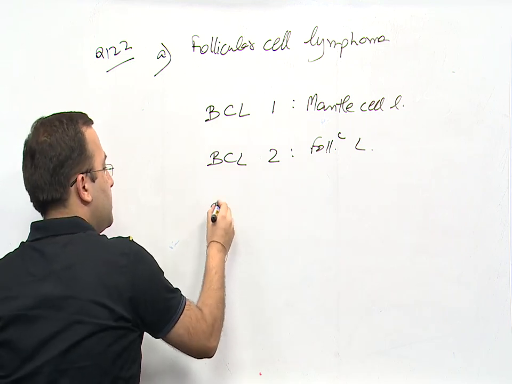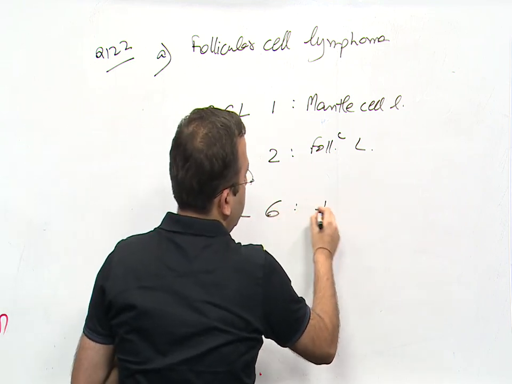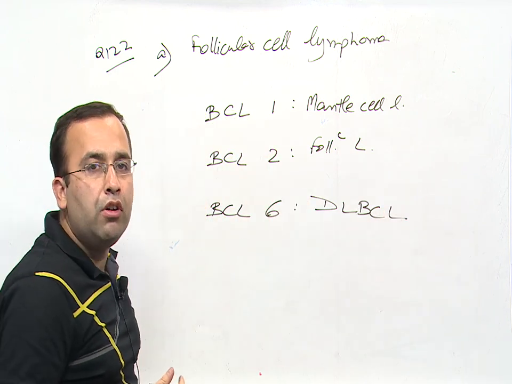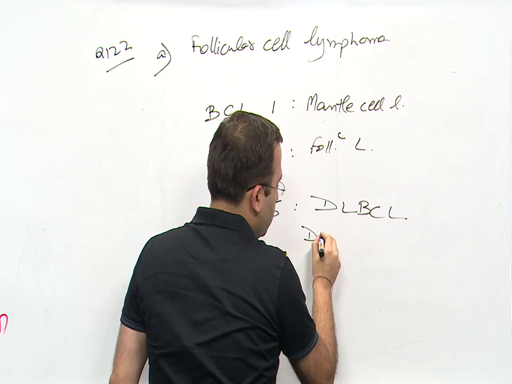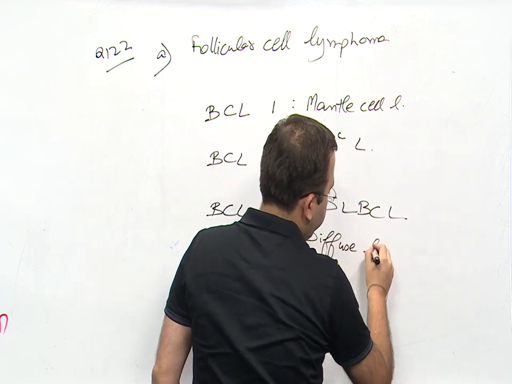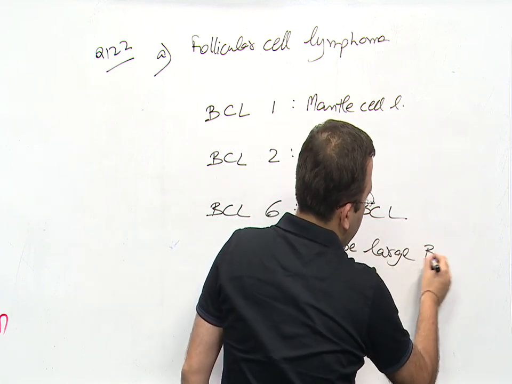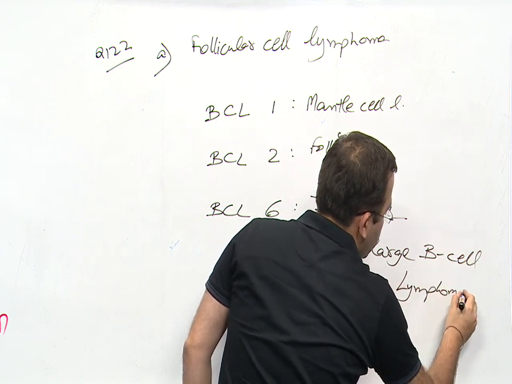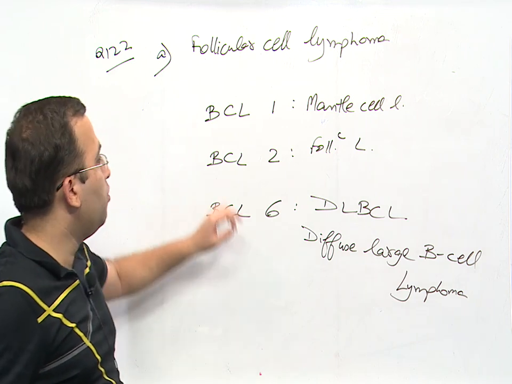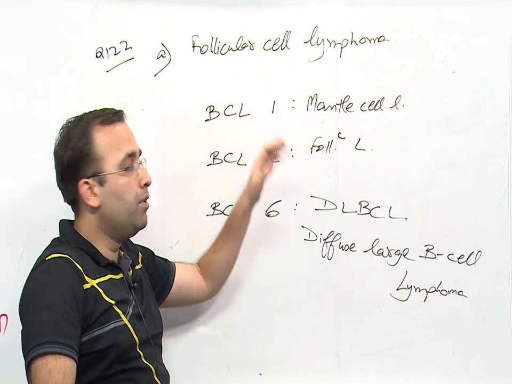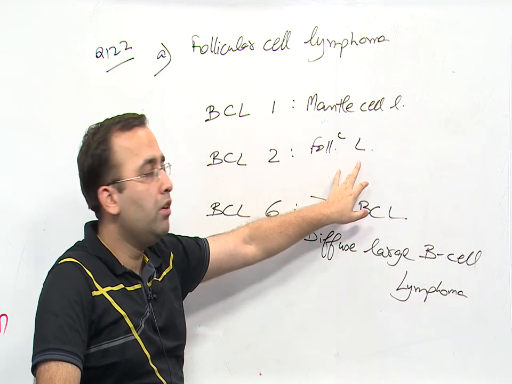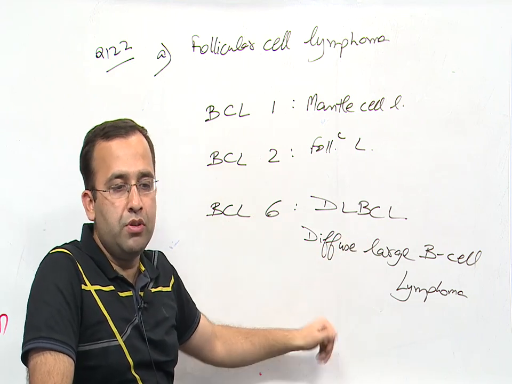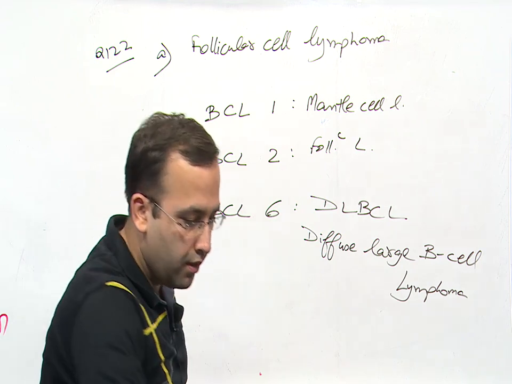Whereas BCL6, DLBCL, which stands for diffuse large B cell lymphoma. So, BCL1, mantle cell lymphoma. BCL2, follicular lymphoma. BCL6, DLBCL, diffuse large B cell lymphoma.